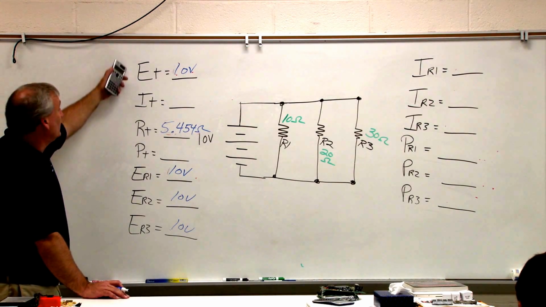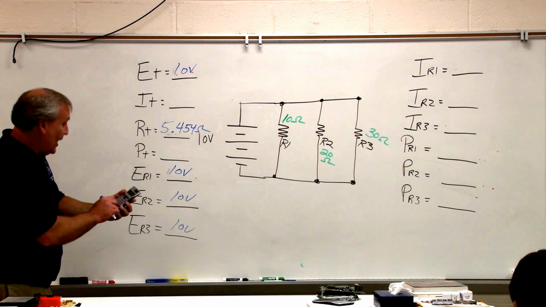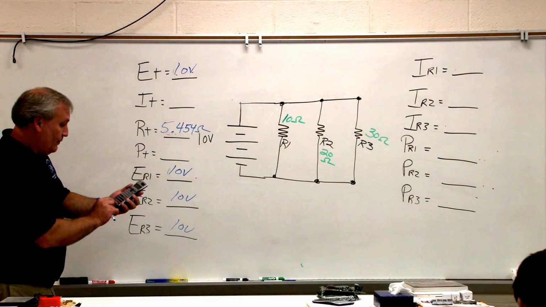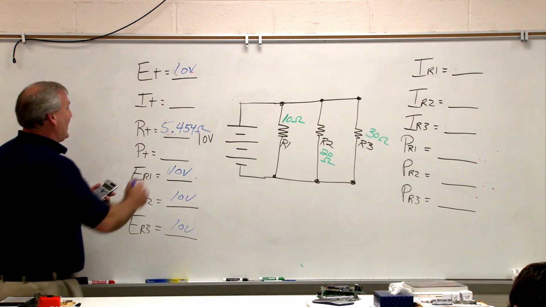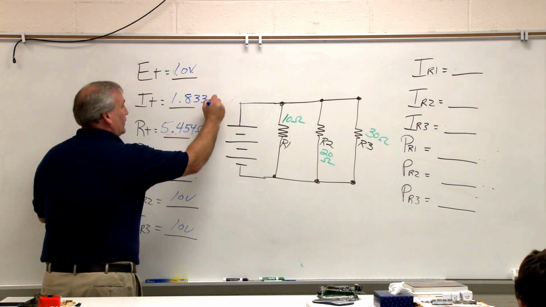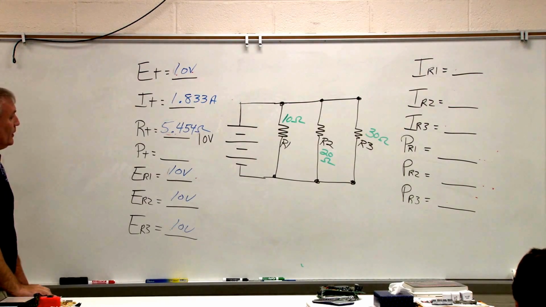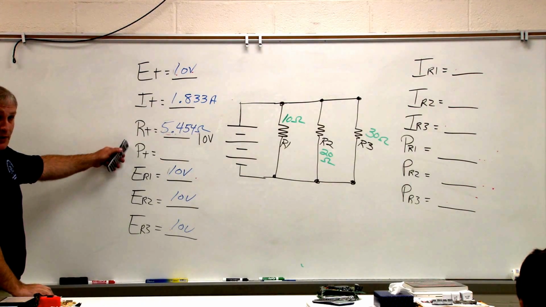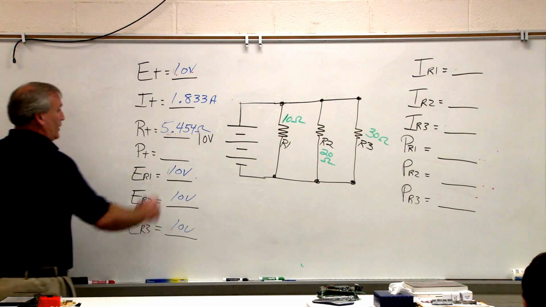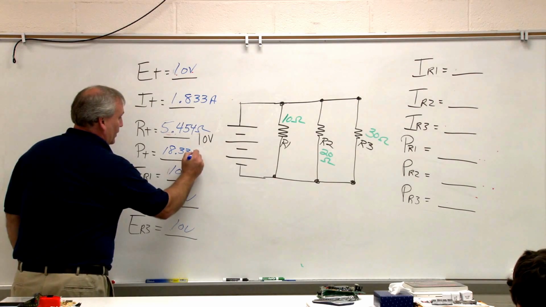Ohm's law, E divided by R. I is E over R. 10 divided by 5.454, and that's going to come up with 1.833 amps. 1.833 amperes of current. Power is volts times amps. Ohm's power law. 10 times 1.833 is going to be 18.33 watts.